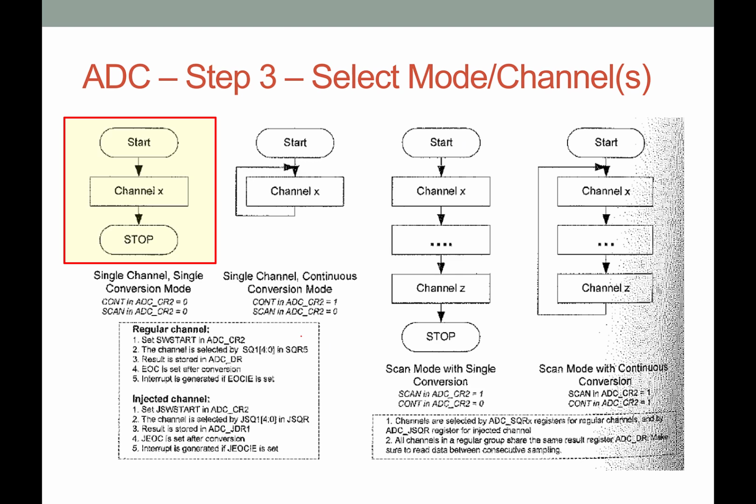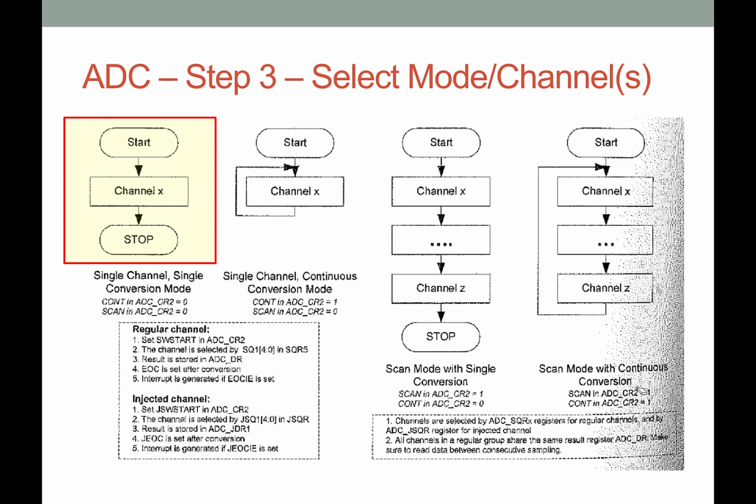So then, once we've set the clock, we can actually do a conversion. These are the 4 different conversion types that we talked about: single channel single conversion, single channel continuous conversion, multiple channels single conversion, multiple channels continuous conversion. Not really any big difference in the idea of what you would need to do, but obviously you need to know where the different results are going to be.